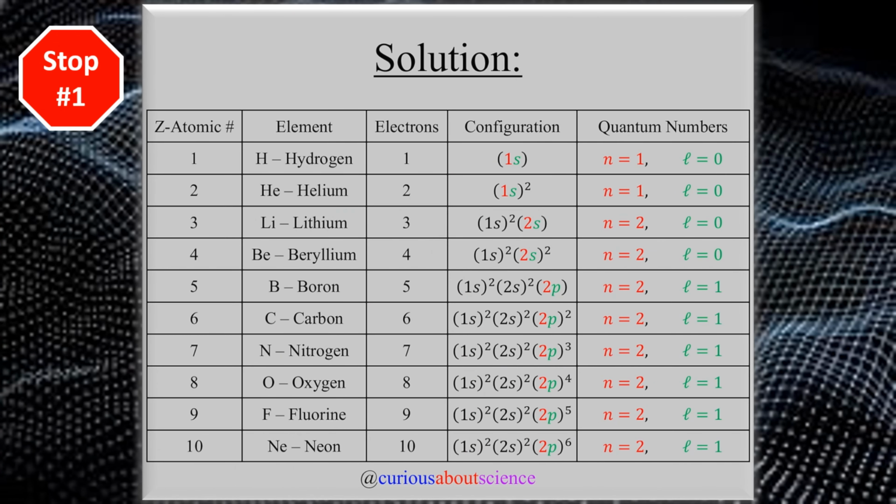So, heading into stop number one, or part A of this question, we have to take a step back and ask ourselves, what is electron configuration? The electron configuration describes the distribution of electrons in an atom's orbitals. The arrangement follows a specific order based on the increasing energy levels of the orbitals, which is governed by the Aufbau principle, and of course the Pauli exclusion principle.